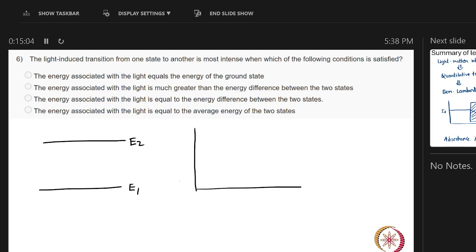We'll have this kind of curve, and this is the maximum intensity. So when the energy difference delta E, that is E2 minus E1, is closely equal to h nu, we call this the Bohr condition.